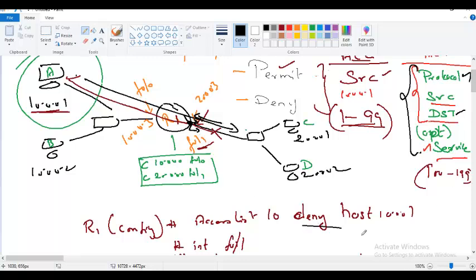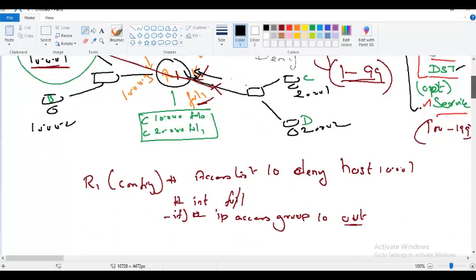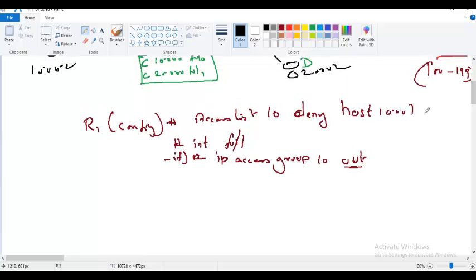No, you should not say in, because traffic is coming from here. It is processing, and when it is about to go out, you want to take this action. You don't want to send out. Okay. So we write in the global mode and we bind it to the interface.